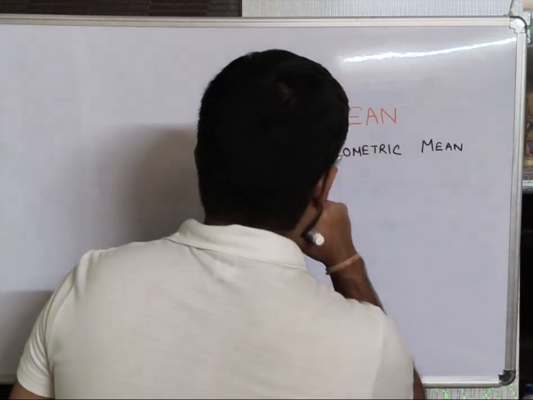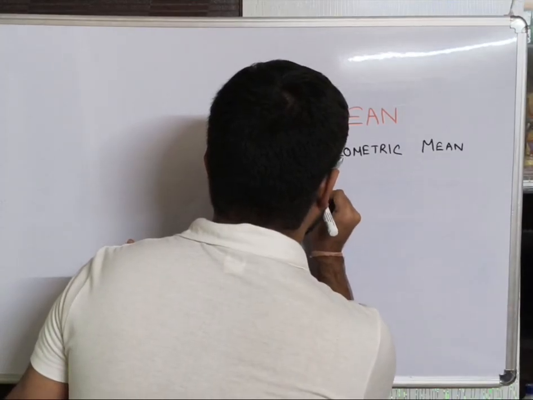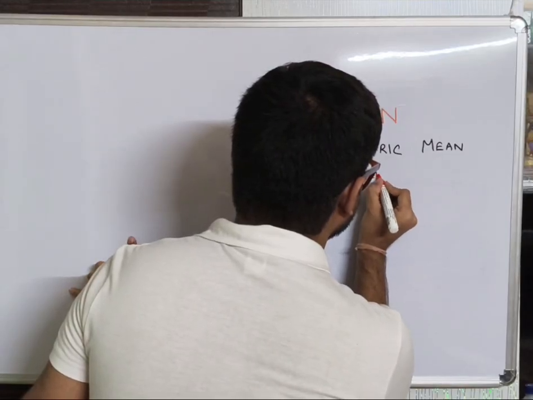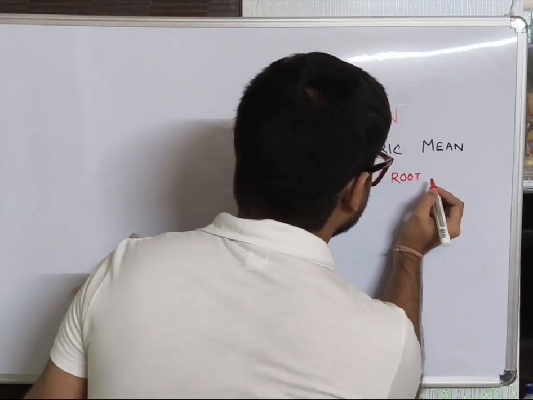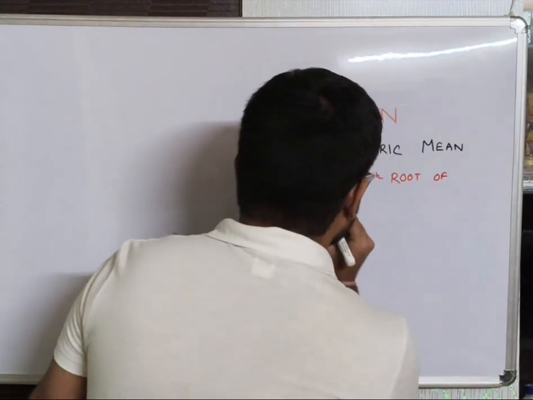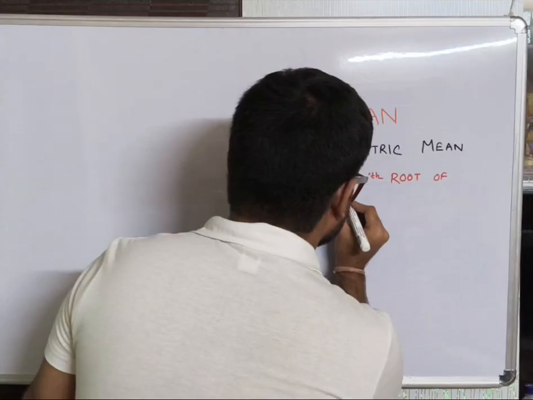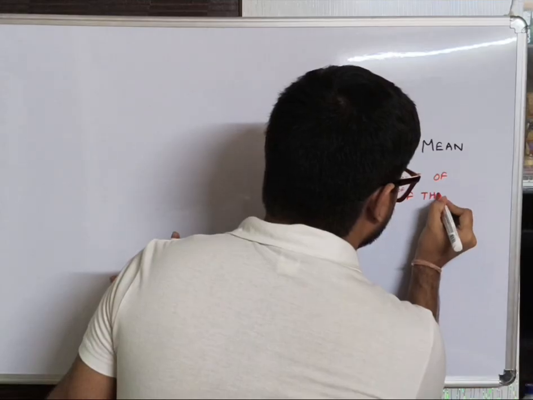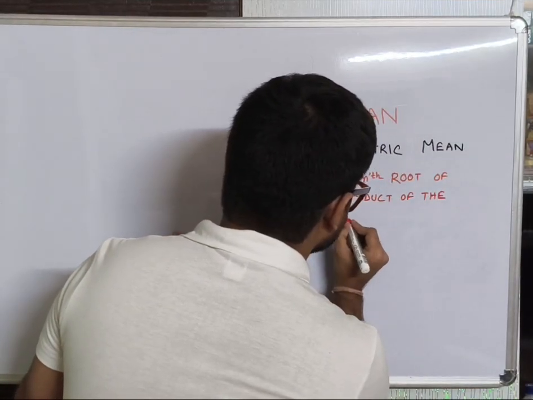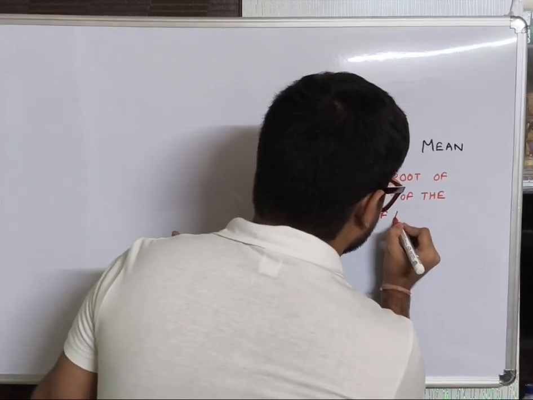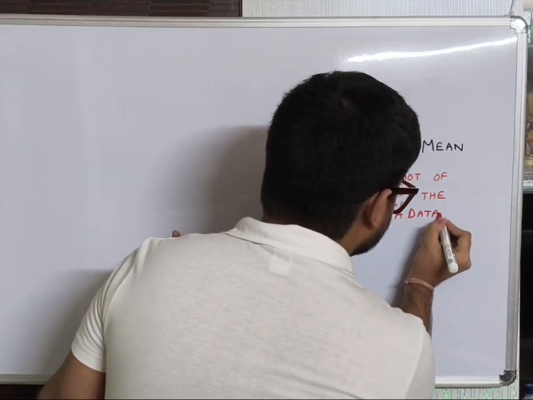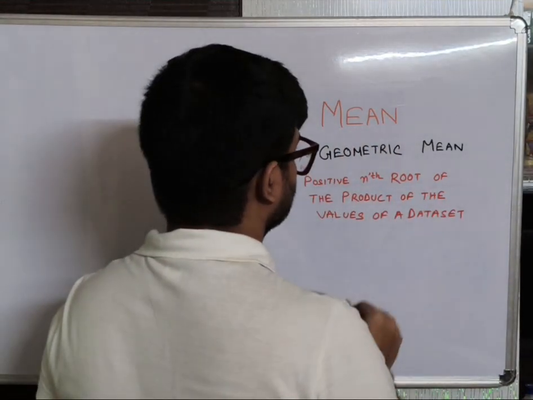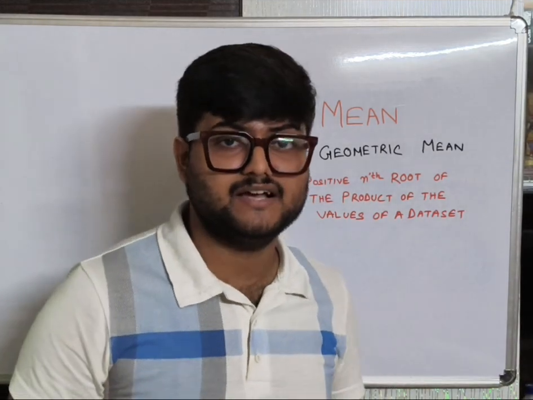So we will have a note of this: the positive nth root of the product of the values of a data set.